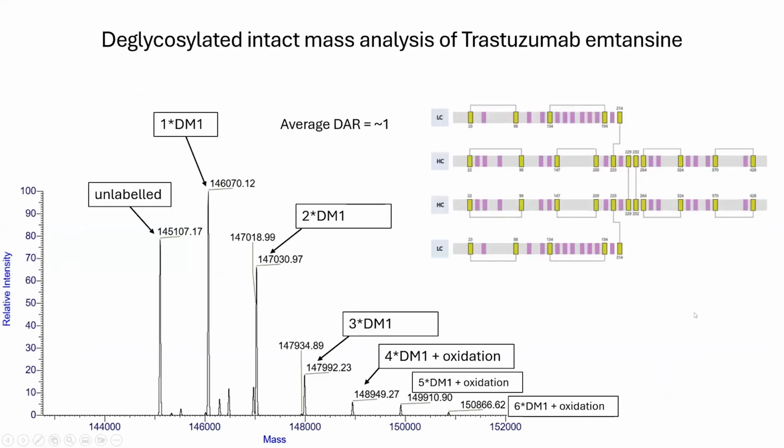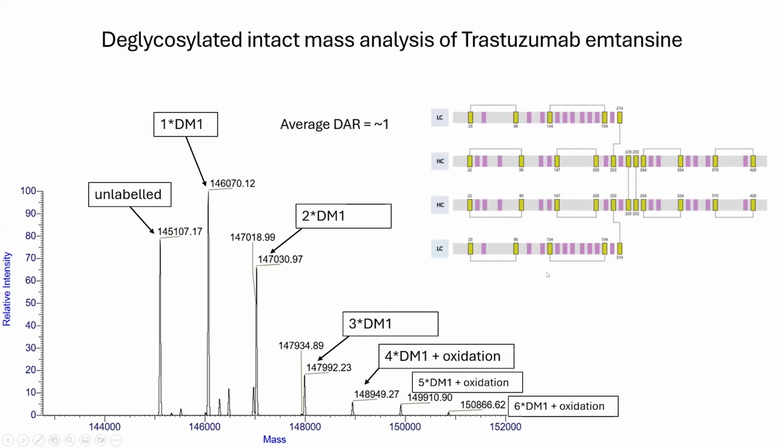From that deconvolution, zooming in on that mass range, we can see that we've identified a number of different conjugated forms, going from the unlabeled antibody all the way up to a total of 6 DM1 molecules conjugated to one antibody.